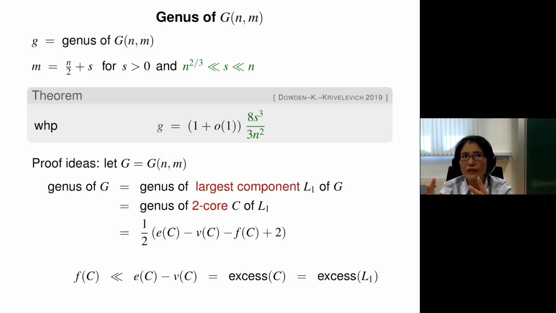Given a 2-core, by planting back rooted trees, you obtain the largest component, of the same order. Deleting leaves one after another doesn't change the genus. Therefore, the genus of the largest component of a graph is equal to the genus of the 2-core of the largest component.